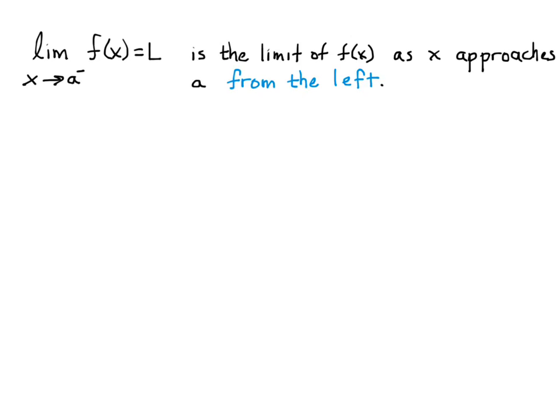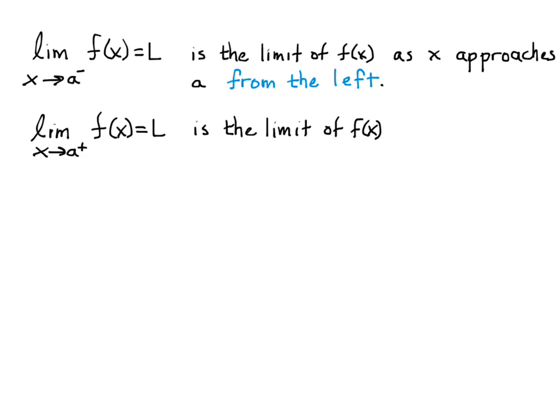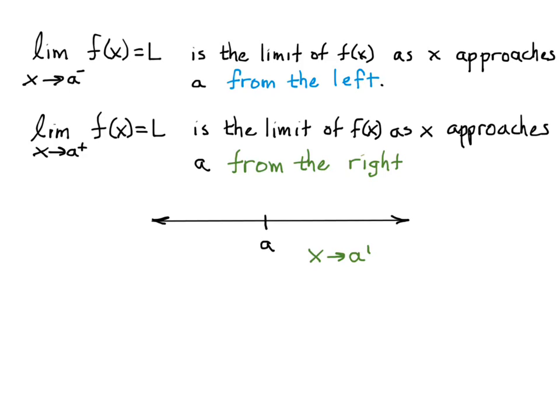What is my limit? Similarly, I can do it from the right side. If I'm coming from this side, what am I approaching? And so we can have two different notions of the limit, getting closer and closer to a from either side.